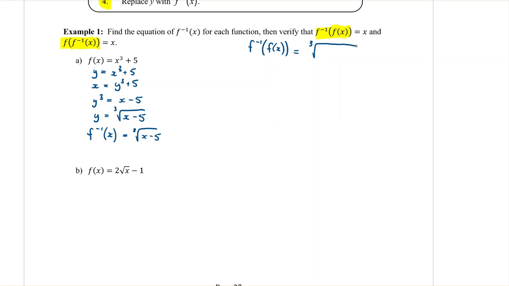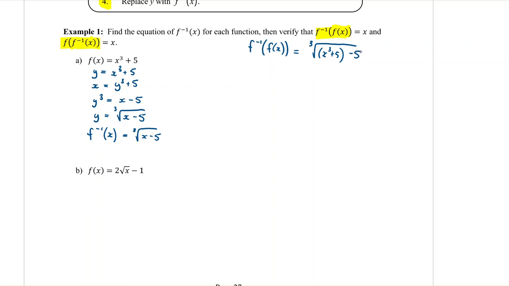But the x minus 5 is the x cubed plus 5, which is the y from the original function. So my f of x is equal to the x cubed plus 5, right? I don't want to put just y in there. I have to put what my original function is equal to, the x cubed plus 5. Does that make sense? And then I have a minus 5 after that.